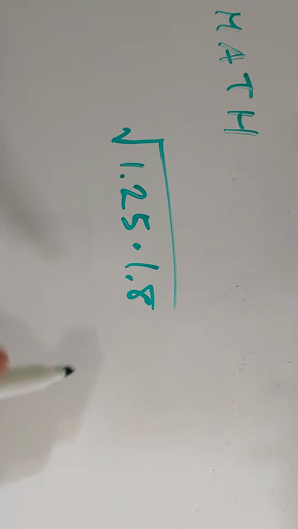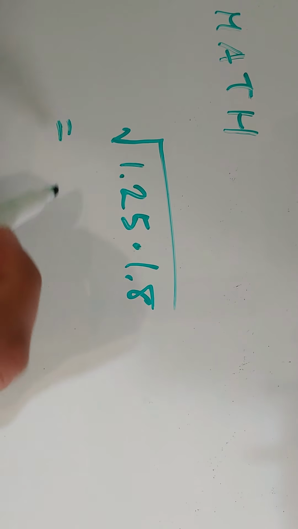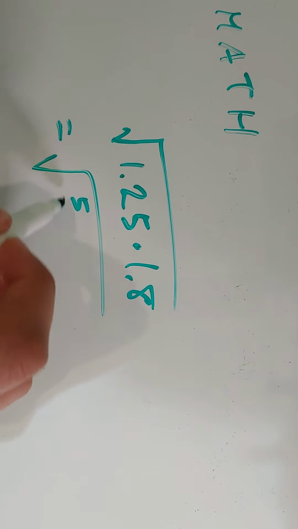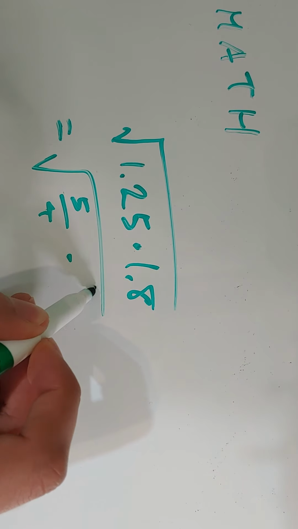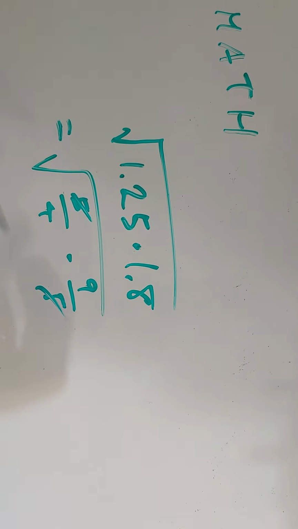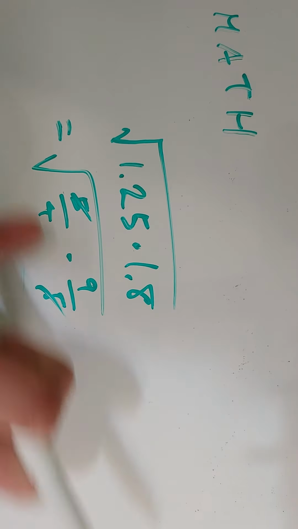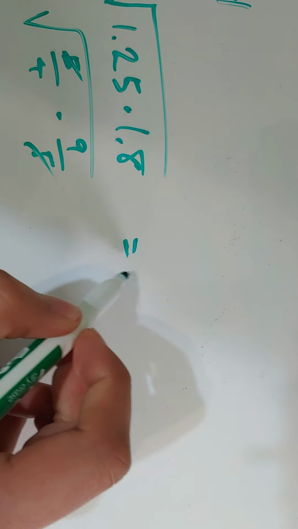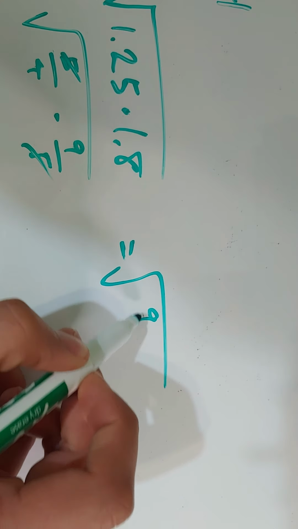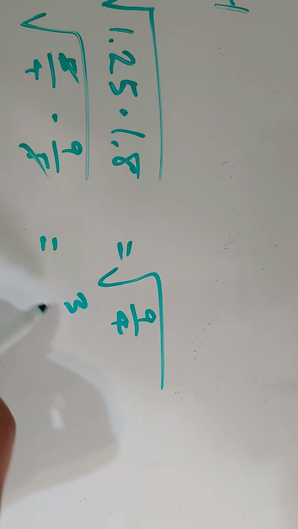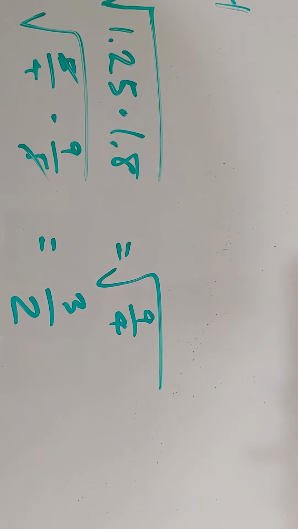Well, that's going to be equal to the square root of 5 over 4 times 9 over 5. And hey, look, the 5's cancel out, and we get a nice number because I planned it out that way. So we get an average growth of 3/2, or a 50% increase per year.